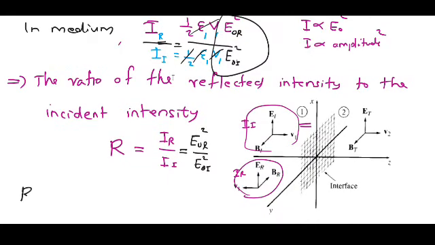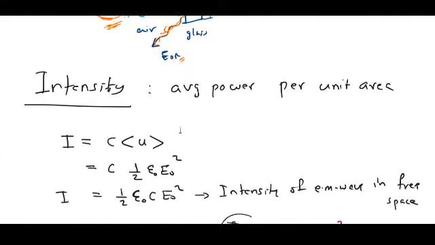This is the reflection coefficient, or the ratio of the reflected intensity to the incident intensity, that is E0R square divided by E0I square. I can once again replace E0R by E0I by using this expression.